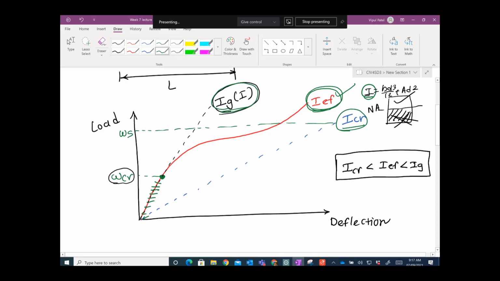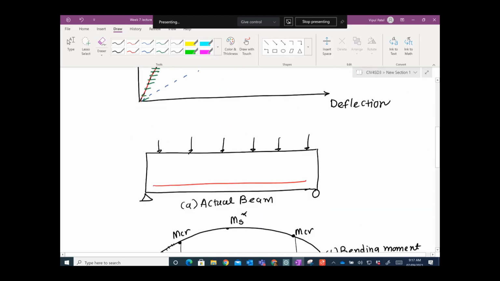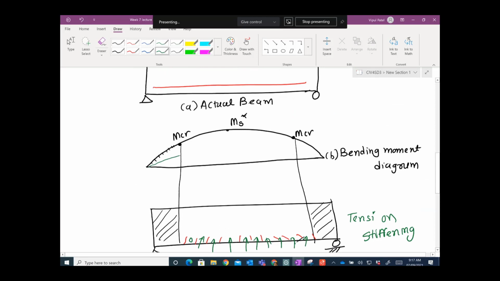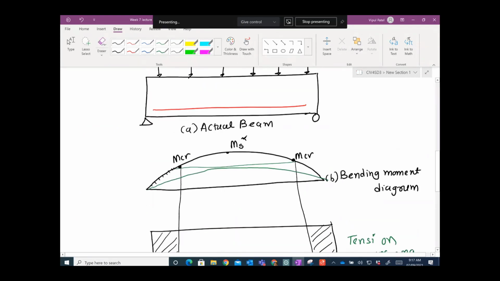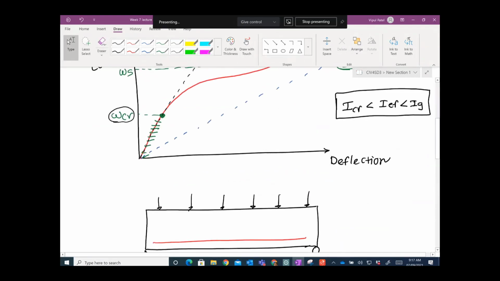If you look at the old heritage structures, those beams and columns are made of larger cross sections, so they just use this I gross, right? They don't load the beam much, so they generally have a bending moment diagram like this, just under the I crack, right? They don't want to exceed it. So for that you need a massive beam, because to take this into account, you need a massive beam. So those structures are very stiff.